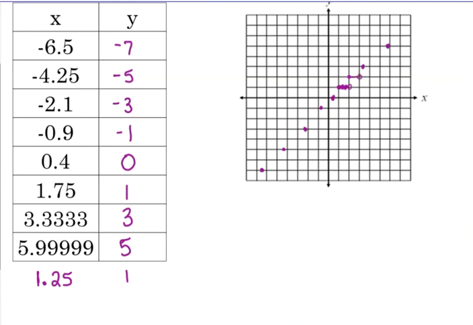We didn't have any y values of 2, but something like 2.5 would round down to 2, so we would get a segment right here. The left side has a point, the right side has a hole. And then that pattern is just going to repeat.